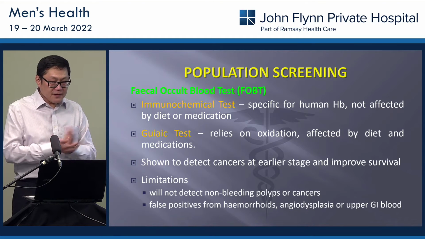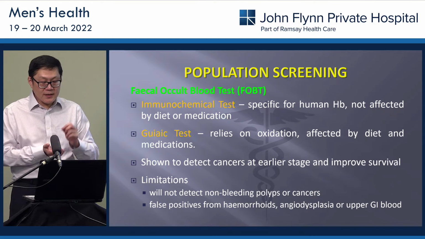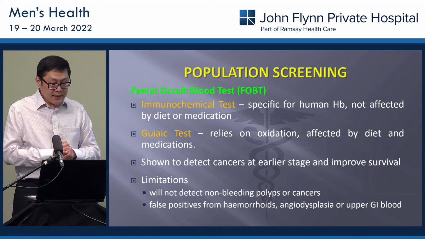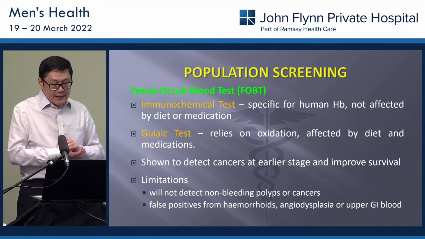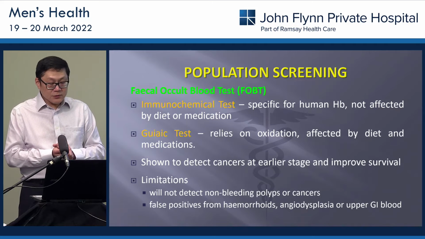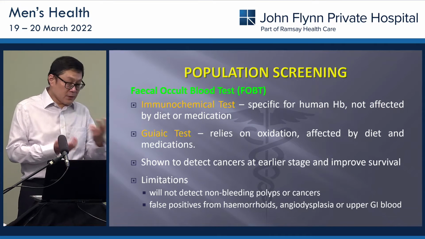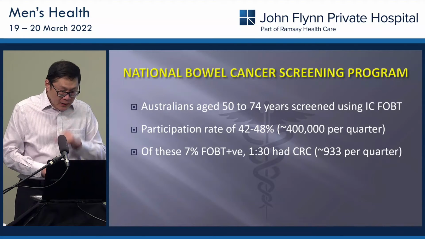Population screening using fecal occult blood testing is shown to detect cancers at an earlier stage and improve survival. There are, however, obviously some limitations. It will not detect non-bleeding polyps or cancers, and frequently we do get false positives from hemorrhoids, angiodysplasia, or blood originating from the upper GI tract.